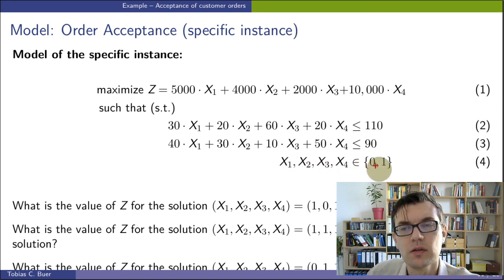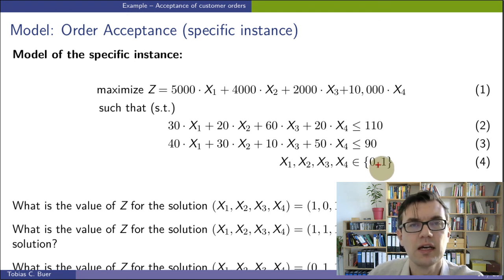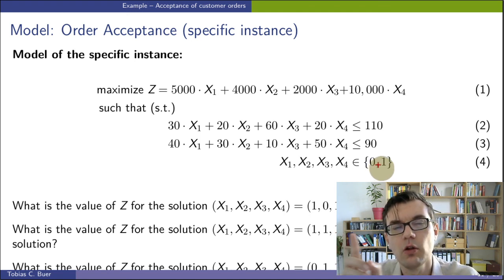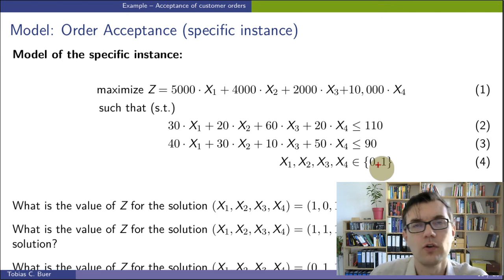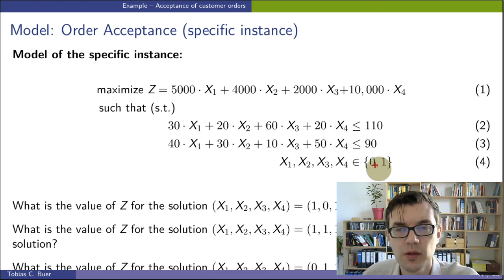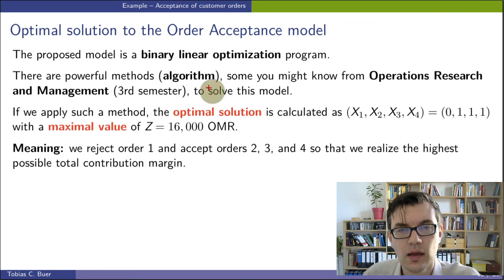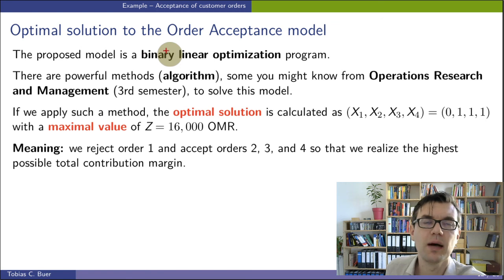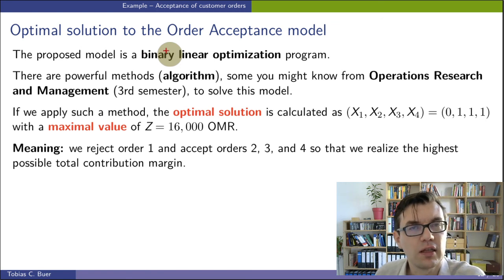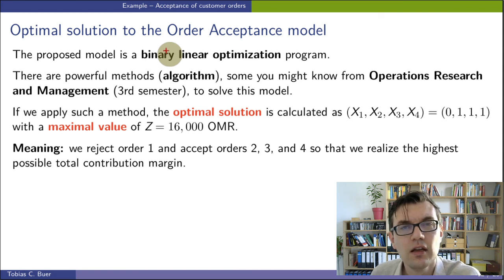In operations research, usually we have the full continuum, all values between 0 and 1 are acceptable. Because of these binary variables, we cannot just apply the simplex algorithm. We need different algorithms to solve such a model.